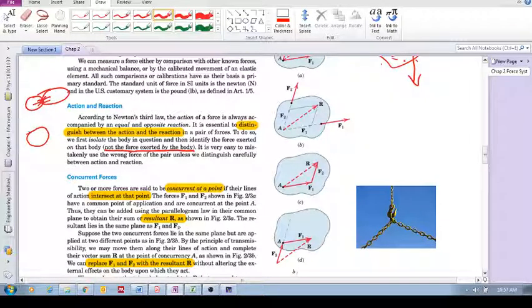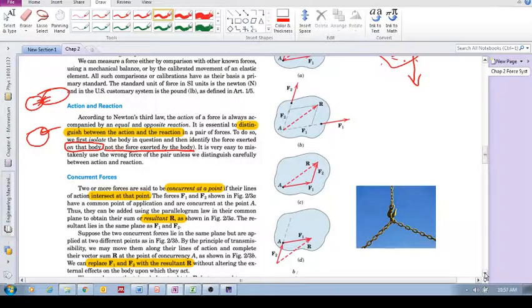You need to draw the forces that are exerted on the body, which would be the force of that object onto that object. Make sure that you're clear about that.